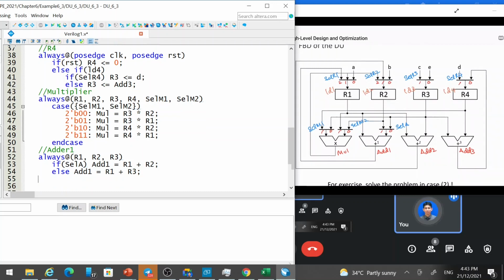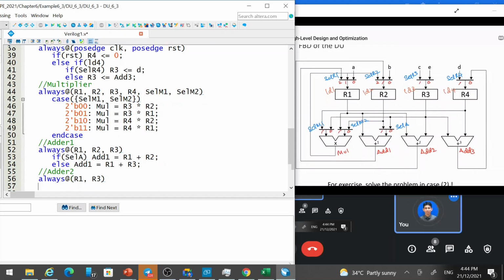And we can have adder number 2, right? Use an always block. We have R1 and R3 only, and this is easy.